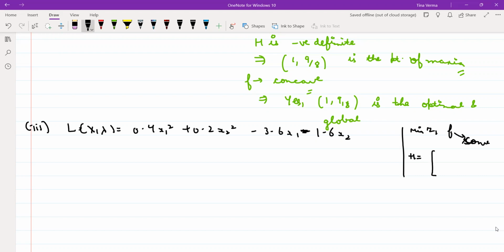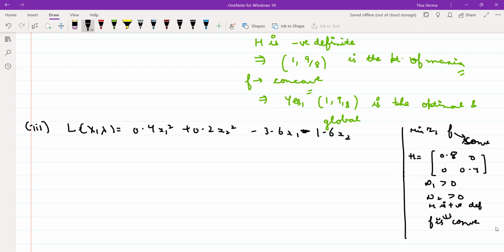So how can you check a convex function? You create your Hessian matrix. It was coming out to be 0.8, 0, 0, 0.4. So your D1 is greater than 0, D2 is also greater than 0. So your H is positive definite, which implies my F is convex, which is done.